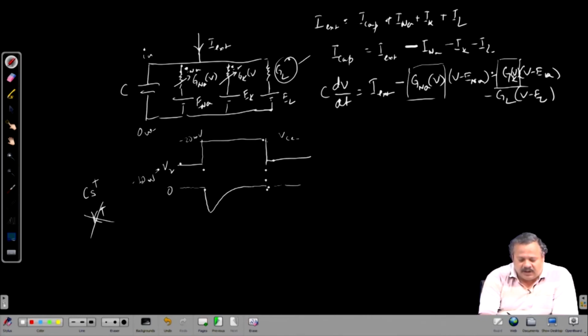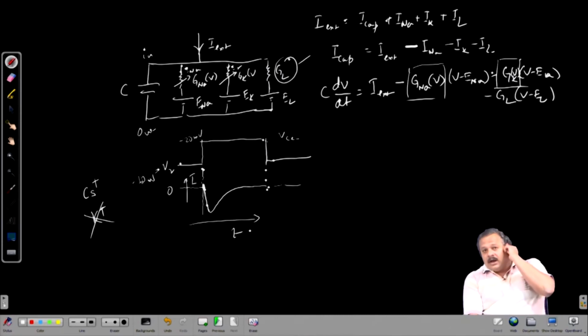So, this is 0 current, this is the I axis, and this is the time. At this particular point, there is an inward current, that is positive ions going into the neuron, which is why this is a negative sign in our convention, and then it goes back up to 0.